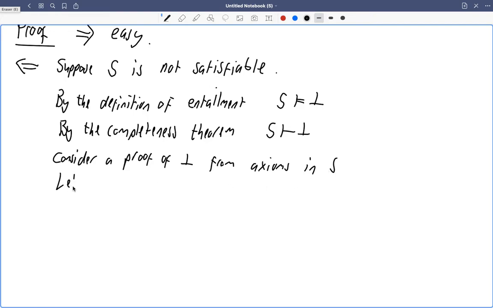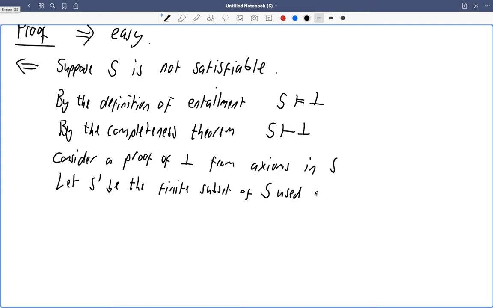and let S prime be the finite subset of S that are actually used as axioms in the proof. Only finitely many sentences from S can be used as axioms in the proof.